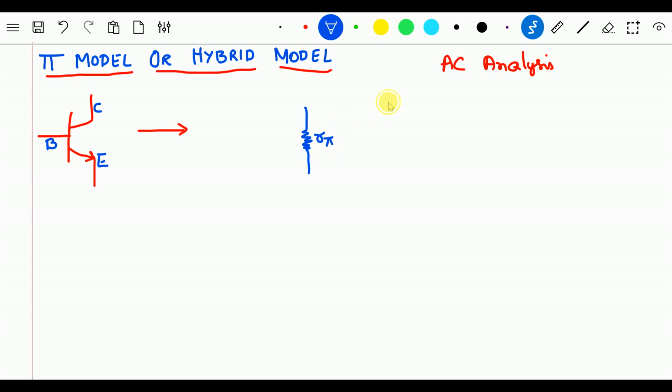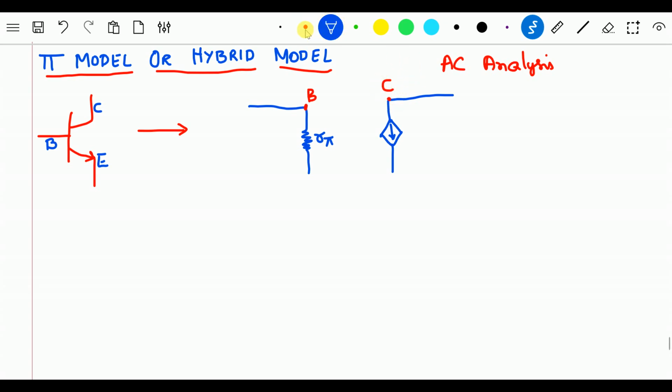Similarly, the collector terminal is now replaced with a dependent collector current source, flowing downwards, because I'm taking the base terminal current as flowing downwards, so IC and IB directions are the same. Now this is your base terminal B and this is your collector terminal C.